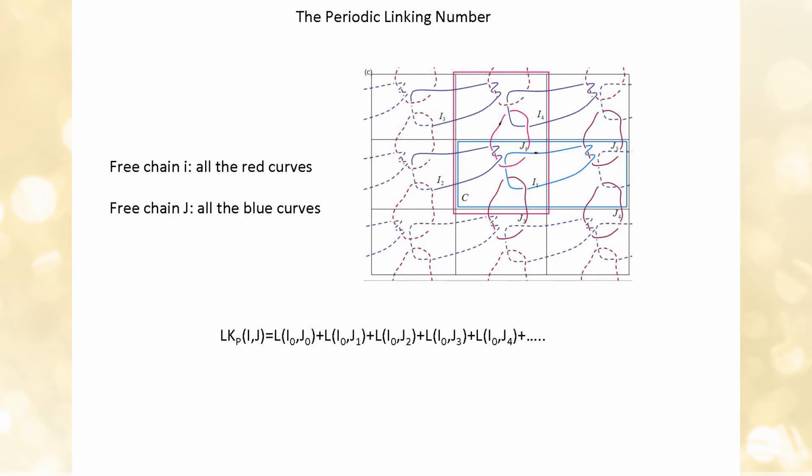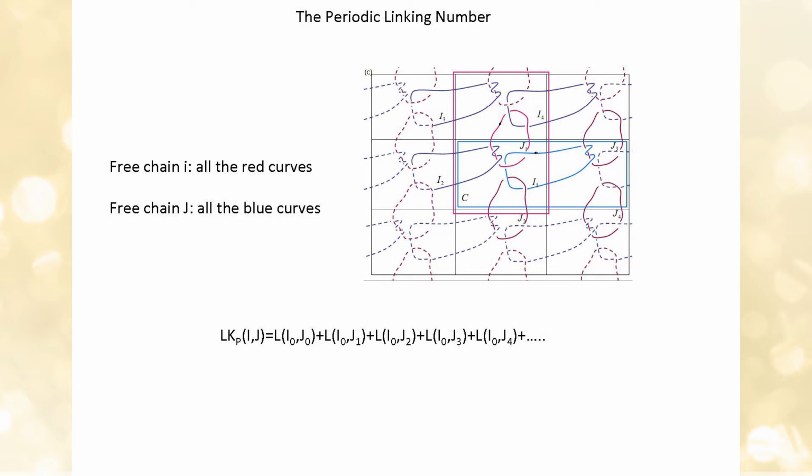However, we prove with a lot of work that the periodic linking number converges. So this is an infinite sum in those cases, but it converges. We give also upper bounds for it, and we show it is a continuous function of the chain coordinates. This is also a symmetric measure. It doesn't matter if I unfold one image of the blue curve and take all the linking with the red curves.